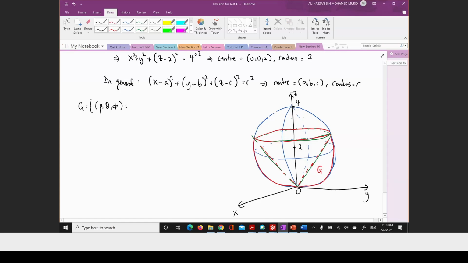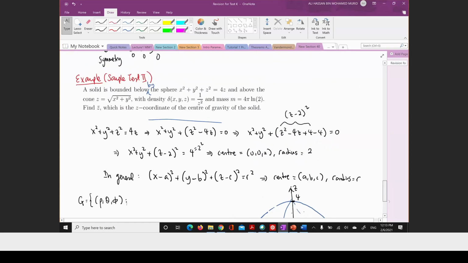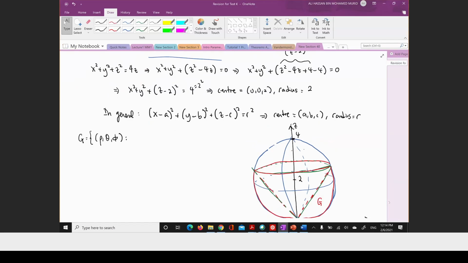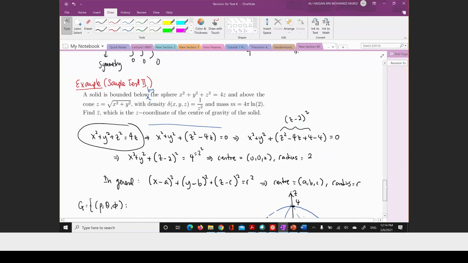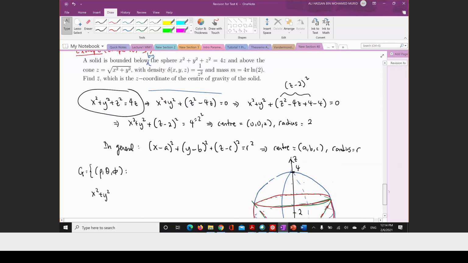What is the sphere in terms of spherical coordinates?